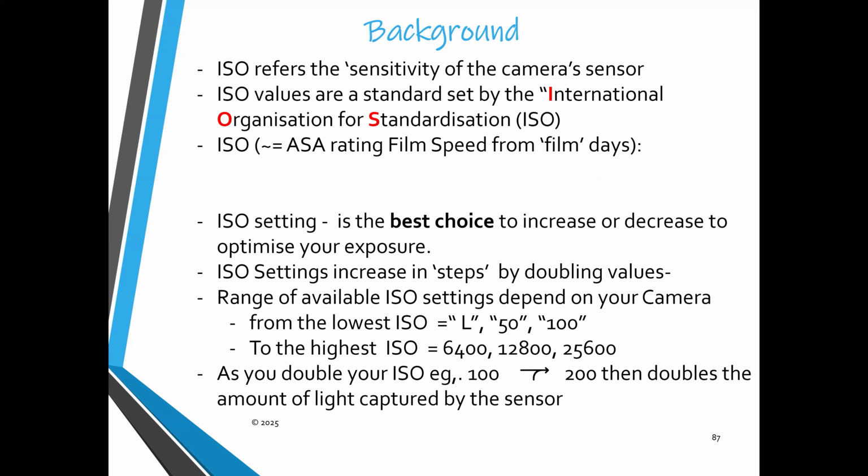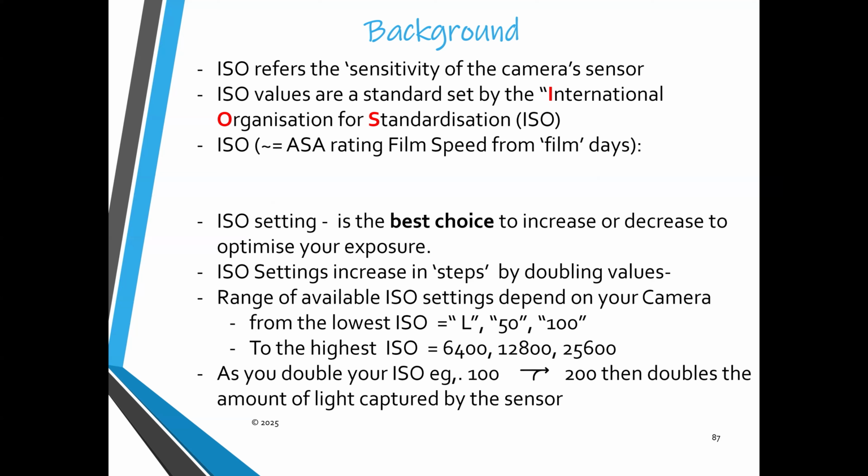So each time you double the value of your ISO from, say, 100 to 200, then it also doubles the sensitivity of your sensor. When we're talking about doubling the sensitivity, we're actually not physically changing our sensor.